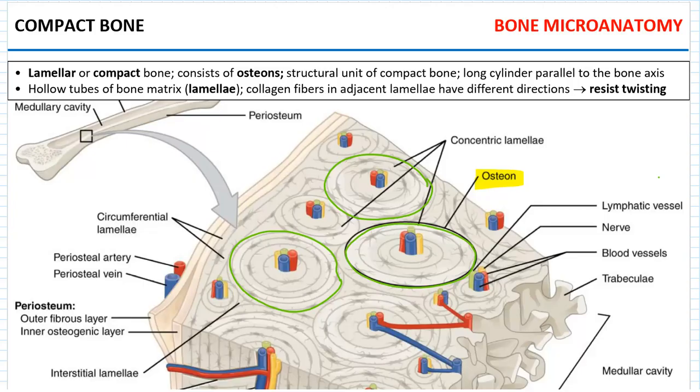And each osteon consists of tubes that are nesting one inside another like Russian dolls. Those concentric tubes that form the cylindrical osteon are called lamellae.